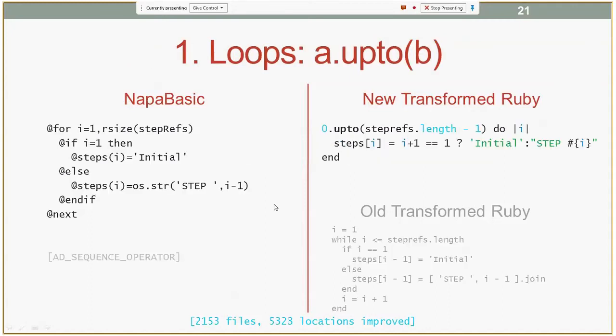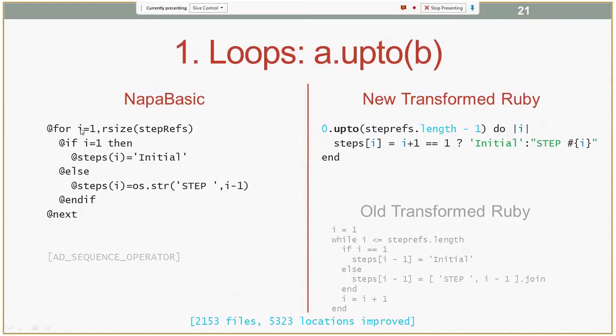And then number 1, the loops. NapaBasic has lots of loops, very old kinds of for loops where we are using indexing variables. And these were originally converted to while loops. The reason is that NapaBasic unfortunately allows very dirty tricks to be done inside these loops.